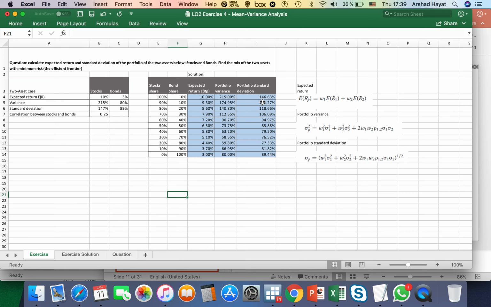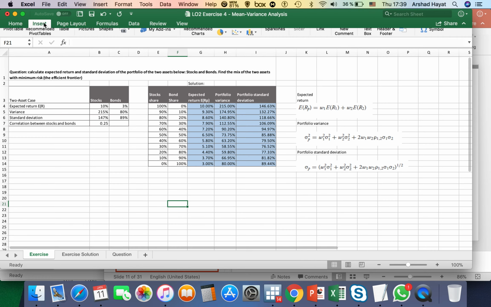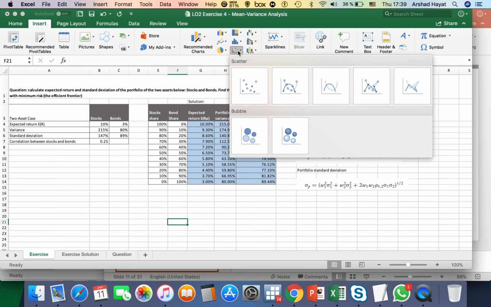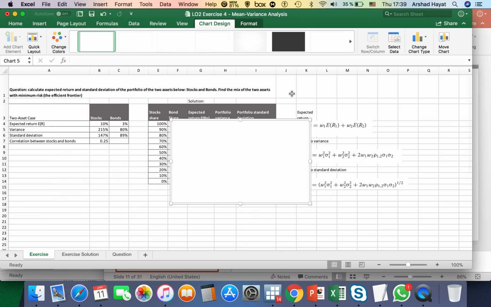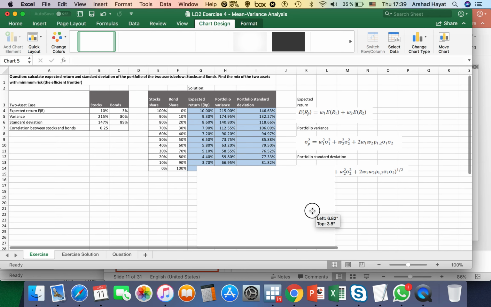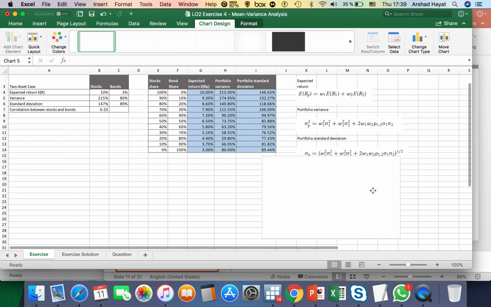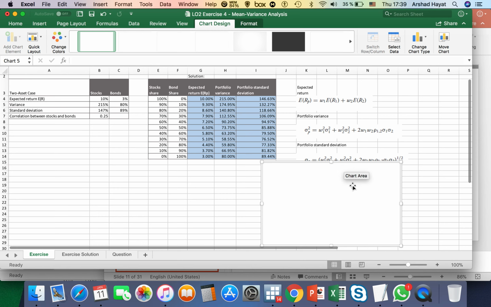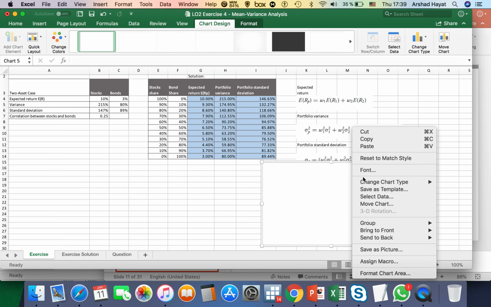Now let's just draw a graph of our expected returns against the standard deviation of our portfolio. So we click insert, and let's just take scatter diagram, and let's select this one. So we selected a diagram, but of course it's still empty. So what we do here is that we click on this, select data.